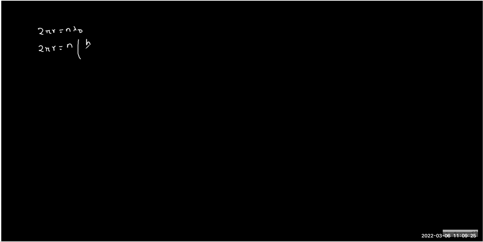So lambda d is how much? h by p, correct? So what is p into r? nh by 2 pi, and the momentum into r is nothing but mvr, correct?